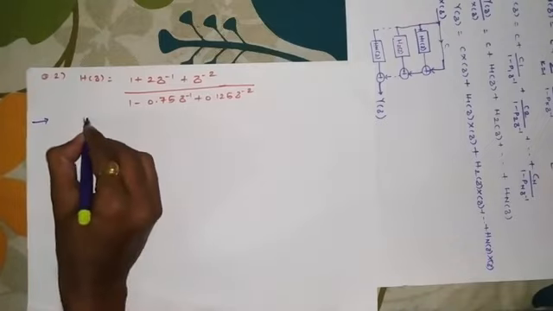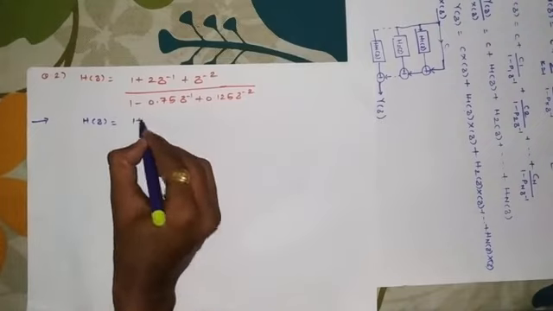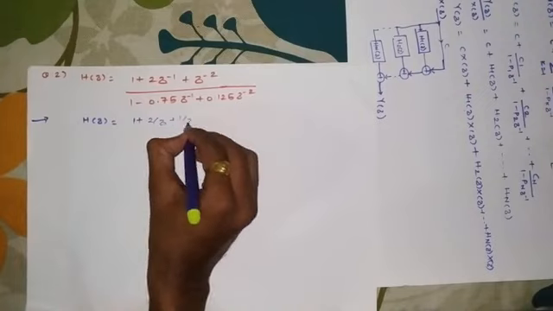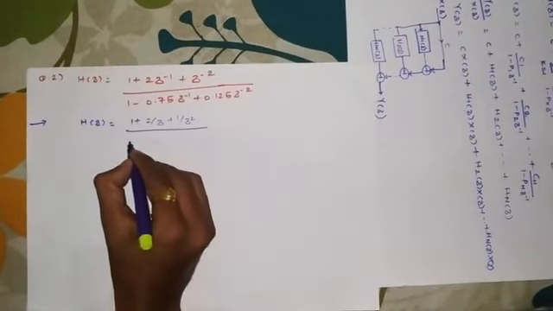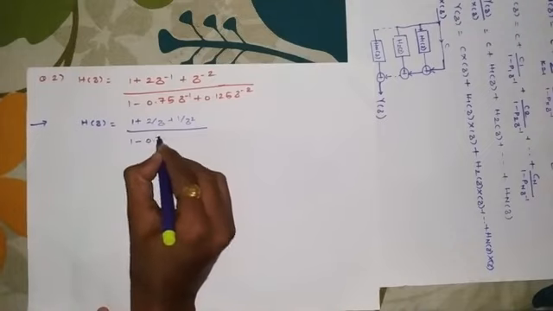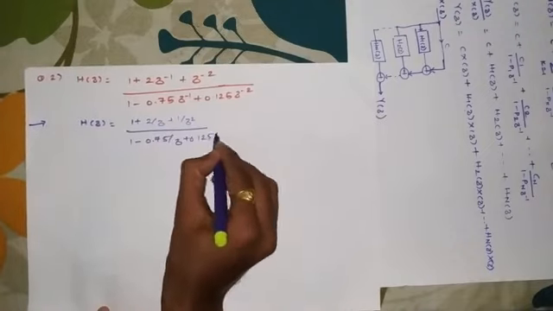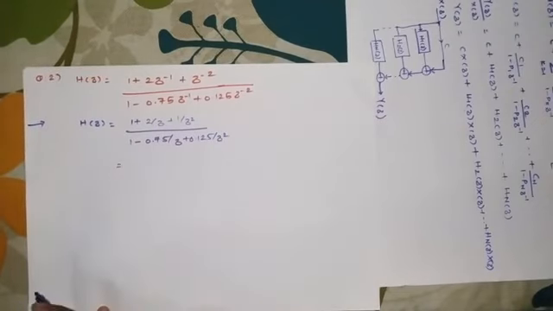The simplest way is we should write this in terms of z only. So I'm writing these terms: 1 plus 2 by z plus 1 by z square divided by 1 minus 0.75 by z plus 0.125 by z square. Now we'll try to multiply or take LCM as z square.